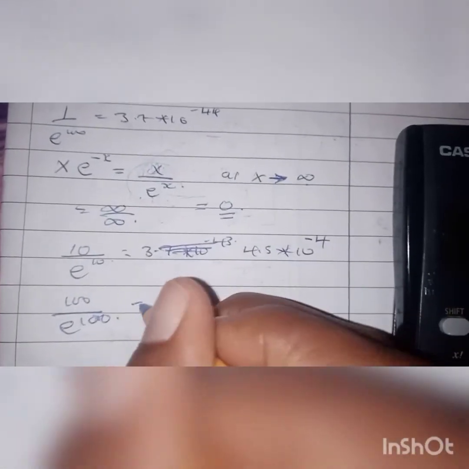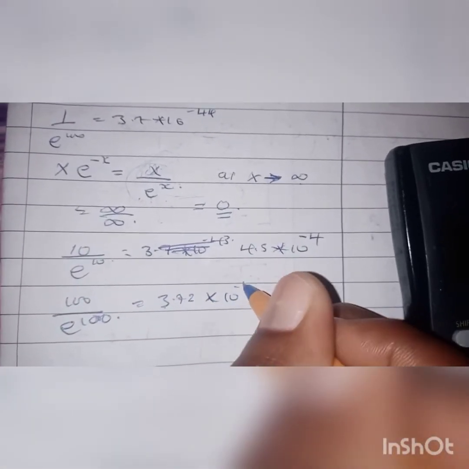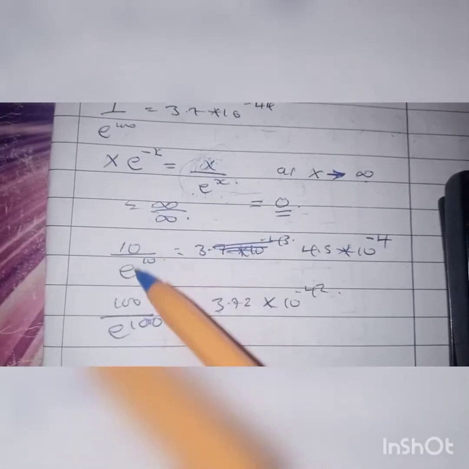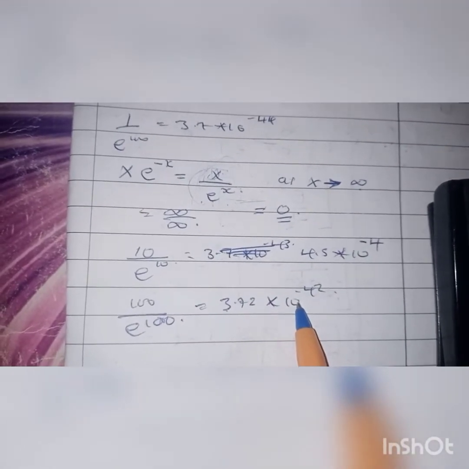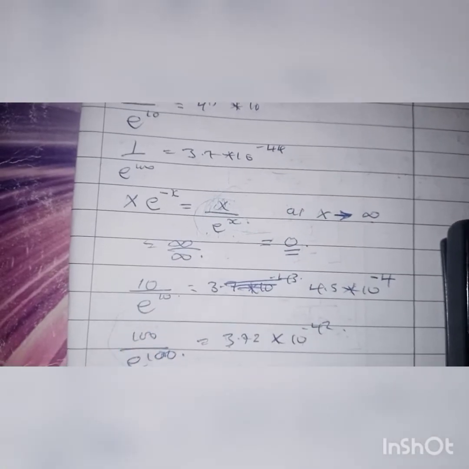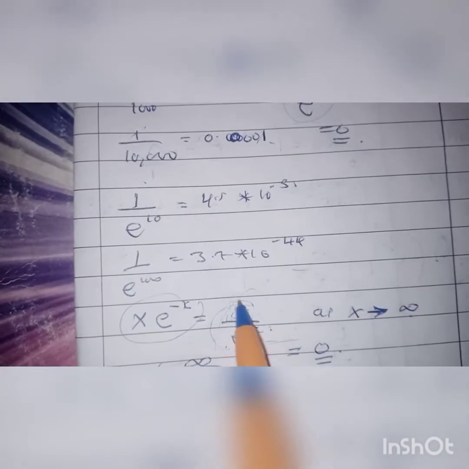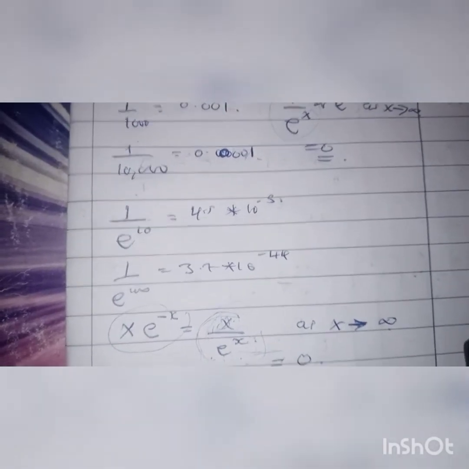So the result is just 3.72 times 10 raised to power negative 42. What is happening to this function as it approaches infinity? We can see the result keeps on reducing. That's why we can conclude that given a function like this, as x approaches infinity, the result is just 0.